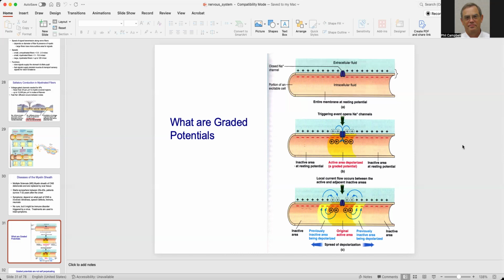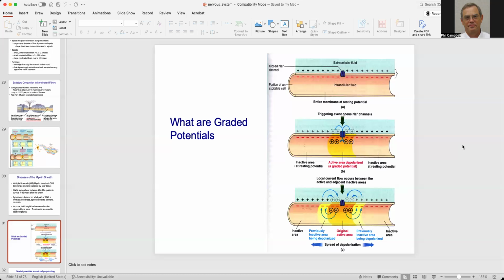Those are action potentials. The job of action potentials is long distance communication, i.e. conductivity. They are enabled because of voltage gated channels for both sodium and potassium. And anatomically, they are located exclusively on the axon. They begin at the axon hillock and they end at the terminus of the axon, right?